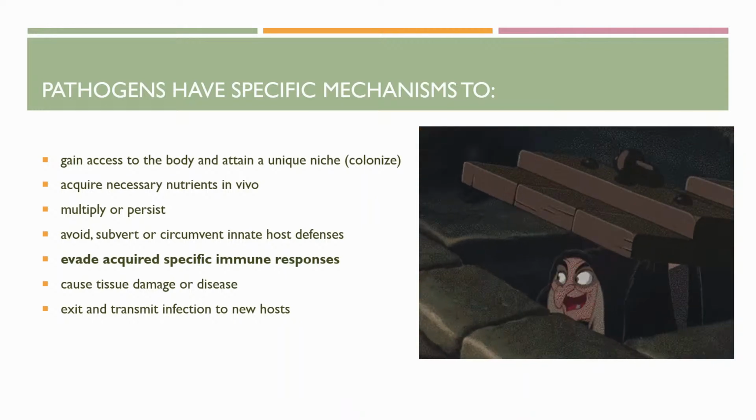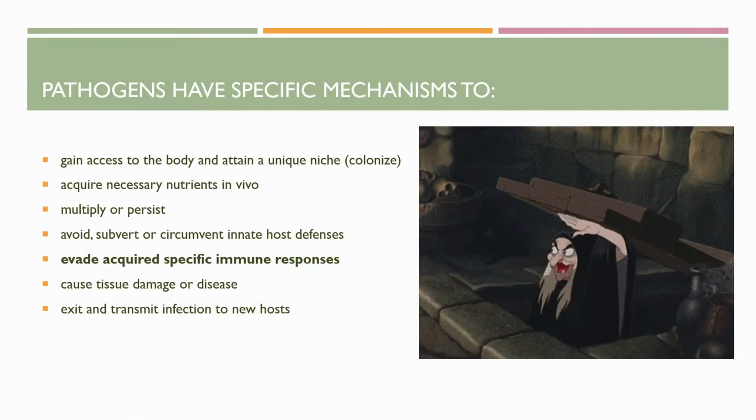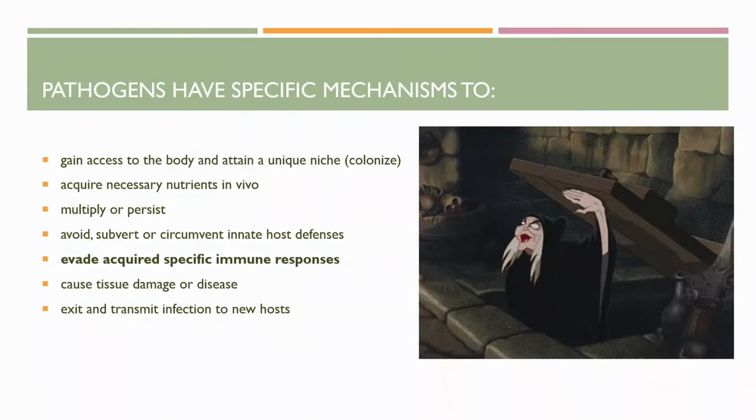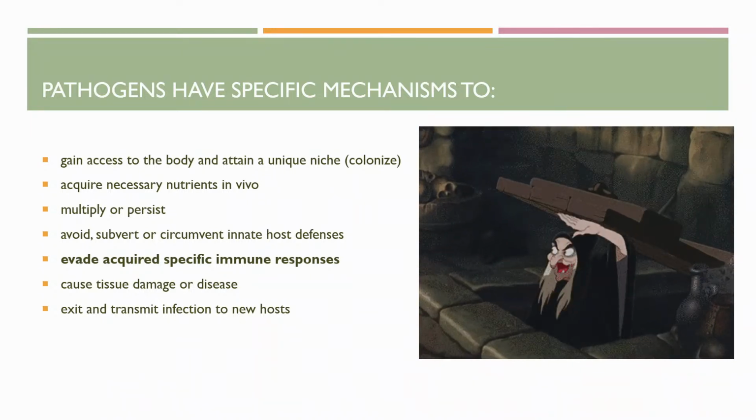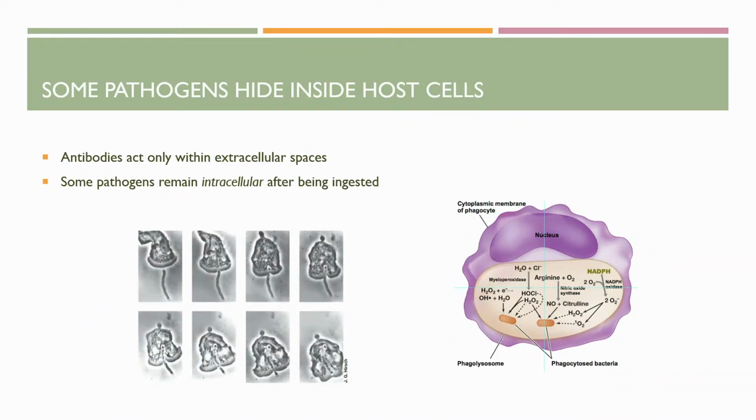Because remember, this one is acquired over time. One of the ways that pathogens do this is by hiding inside of the host cells. A lot of times, remember, the adaptive immune response includes T cells and B cells. B cells make antibodies.